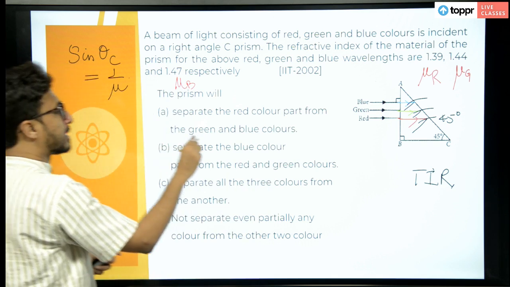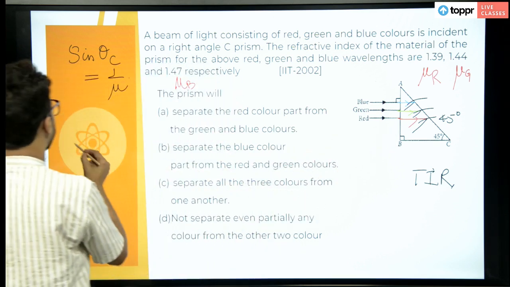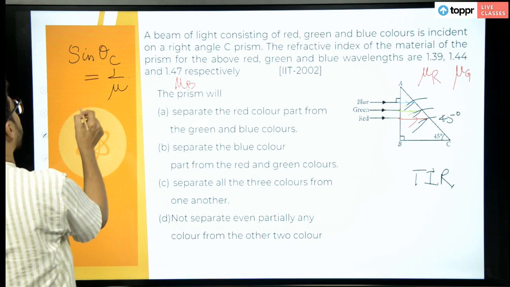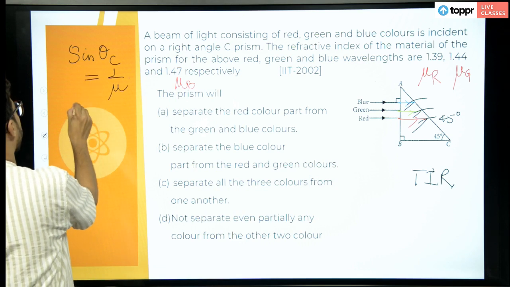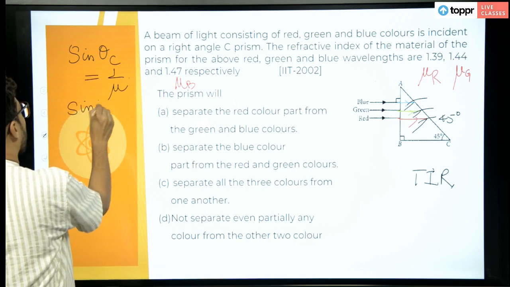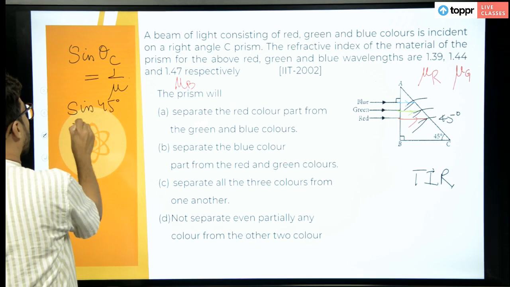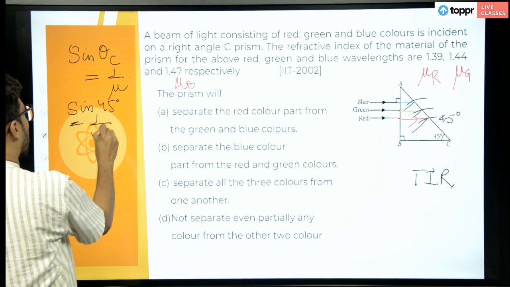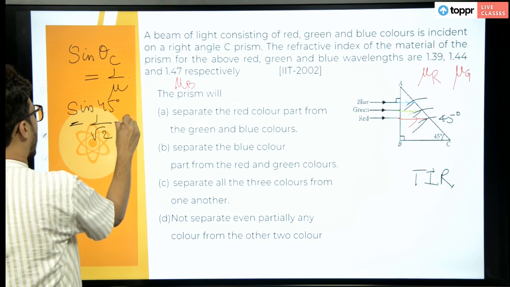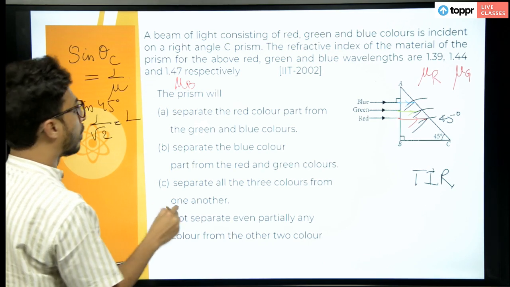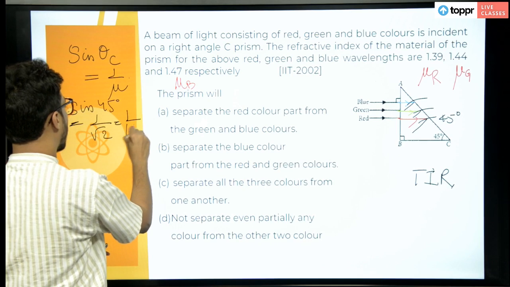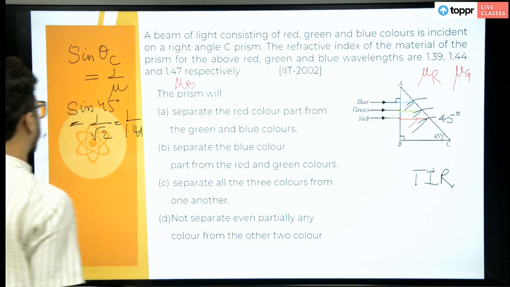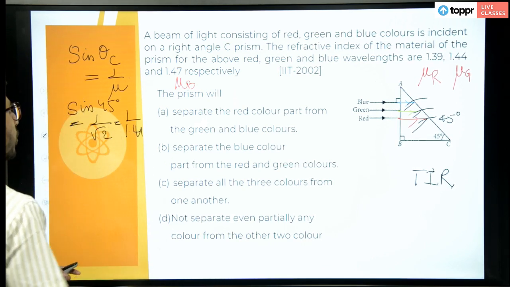Now, I say 45 degree, right? For 45 degree, sine of 45 is 1 by 1.41.